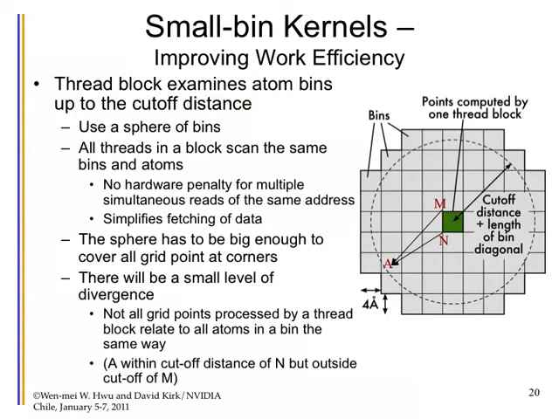All the atoms in the bin will be reused, one time by each of the thread lattice points. This is a very good tiling algorithm, because the tiles are those bins, and whenever you load a bin, the threads in a block can all consume the same bin many times. In this case, it's about 128 times.